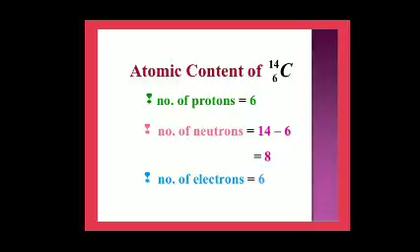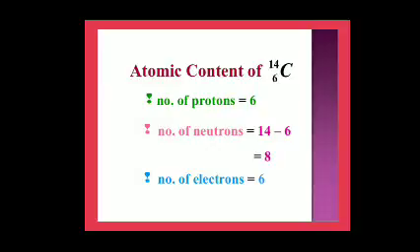The number of neutrons N is equal to A minus Z, which is 14 minus 6, that is equal to 8. So there are 8 neutrons present in this carbon isotope C-14.